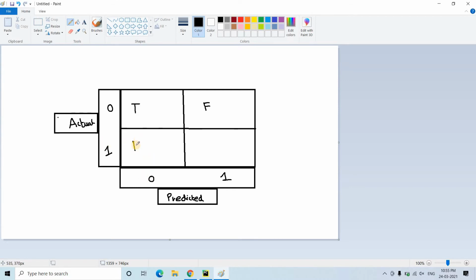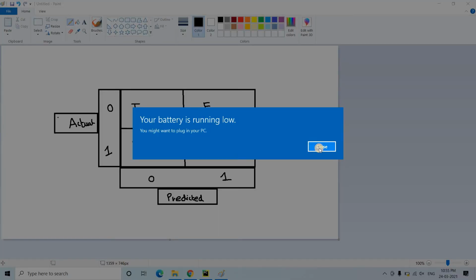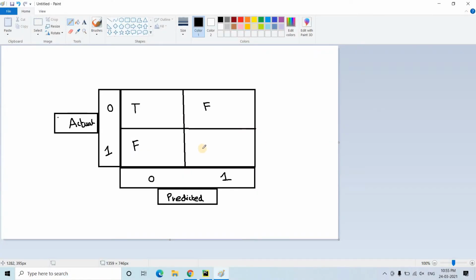That means no doubt this is false, right? And here our actual label for this particular record is 1, and the predicted one is also 1. So here we put true, because this is a correct prediction. So this is the simple true and false we have written.